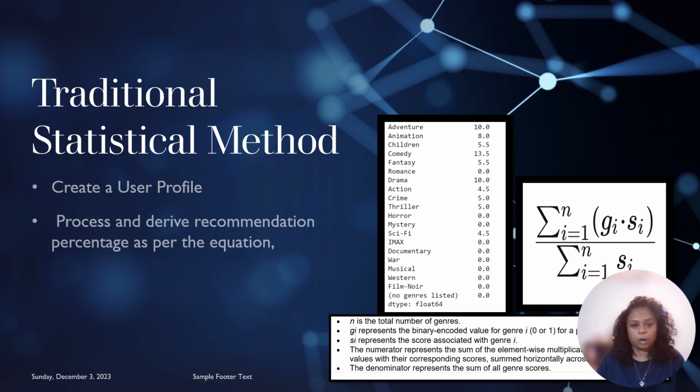It is the process by which we take the one-hot encoded genre table for each movie, multiply by the user profile, sum up all the genres horizontally, and then normalize it. Once we apply that equation, we get the percentage for the recommendation, and then we sort the movies on the score and choose the top 10 movies for recommendation.